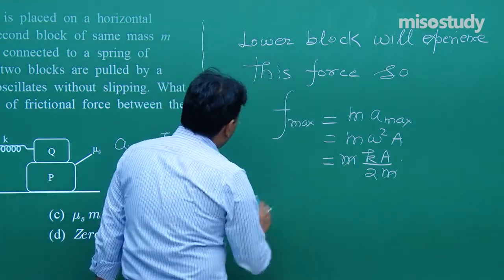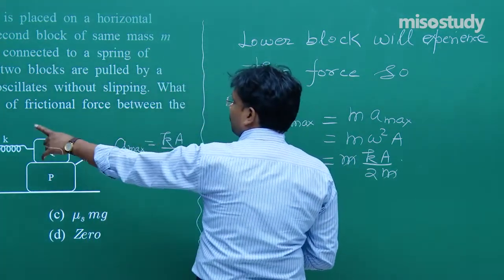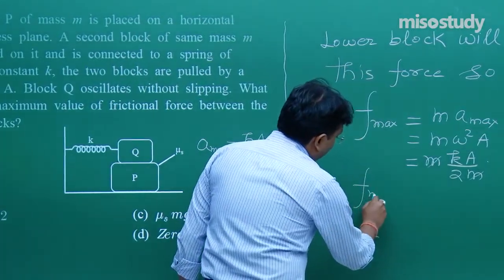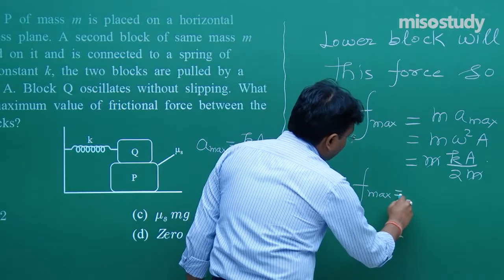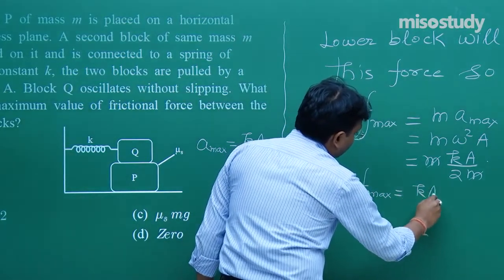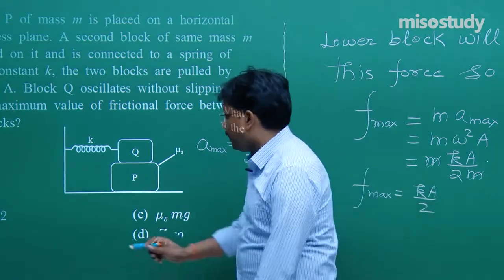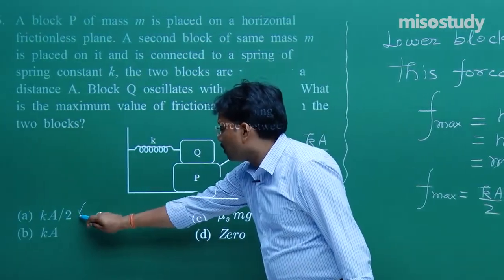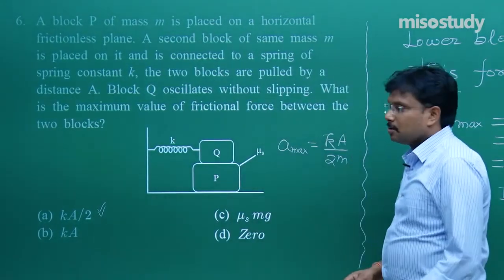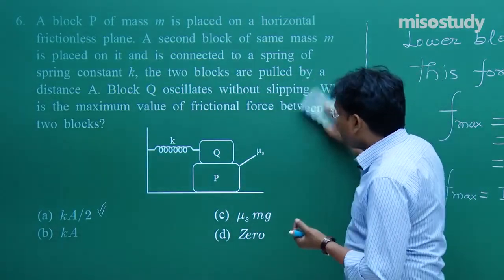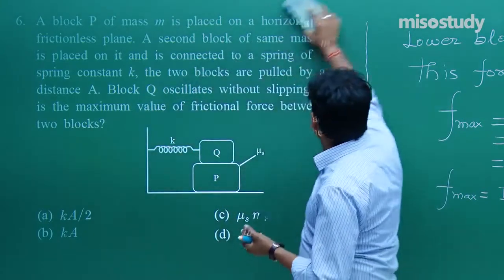So ultimately, what is the maximum value of frictional force? So F max is equal to Ka by 2. Okay. So this way you can say A is the correct option. Very simply I explained this question so that you can understand it.